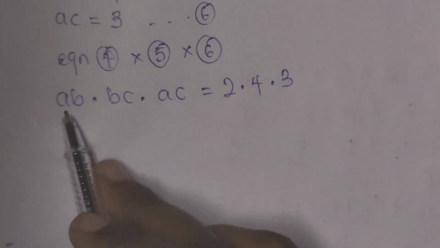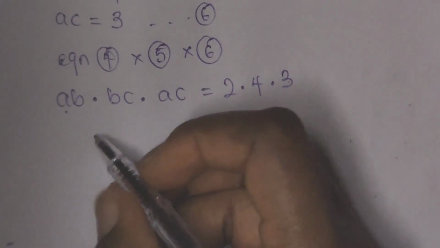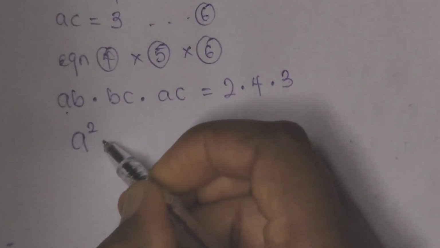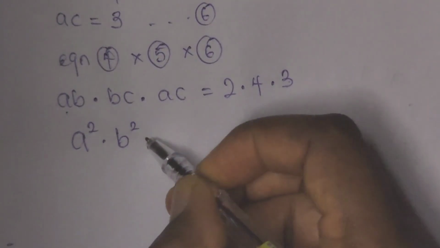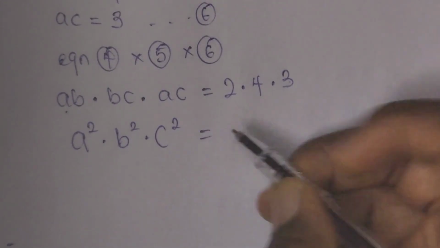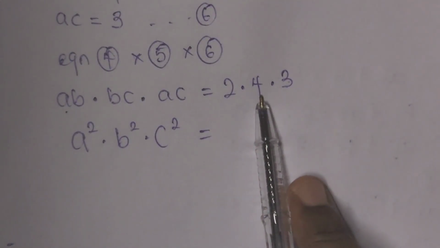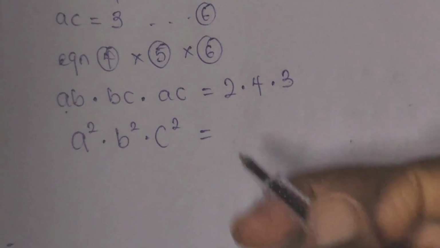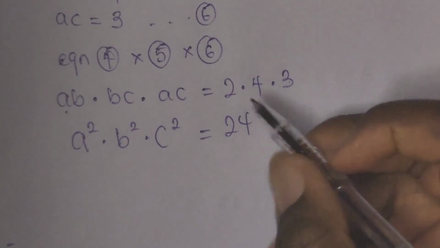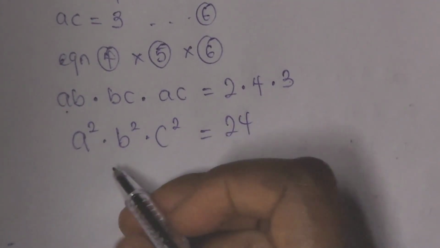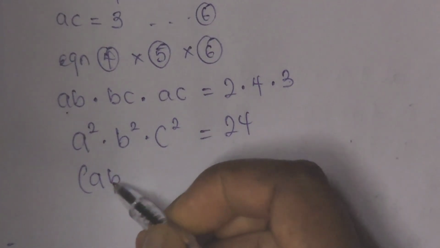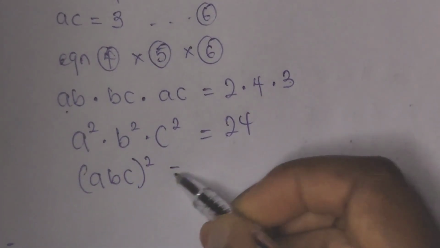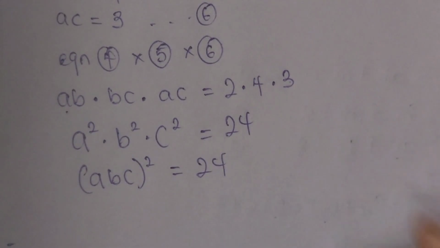So from here we have A squared times B squared times C squared all equal to, 2 times 4 is 8, 8 times 3 is 24. So from here we have (ABC) all squared equal to 24.